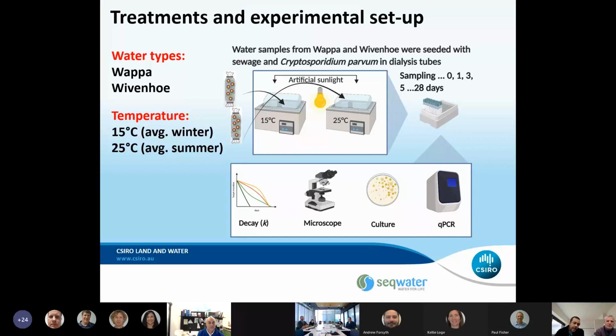We created sunlight using an artificial light, which was on for 11 hours per day, and we periodically collected samples over 28 days. After collection, we used qPCR, culture-based methods, and microscopic methods. We quantified all the pathogens and markers, and then produced a decay curve using a Chick model. Decay is denoted by K.